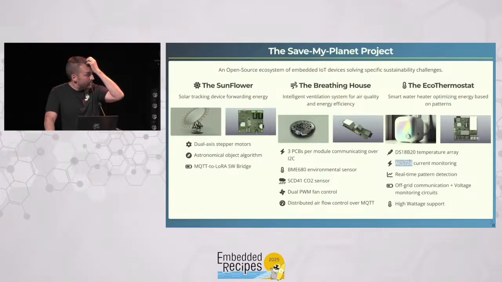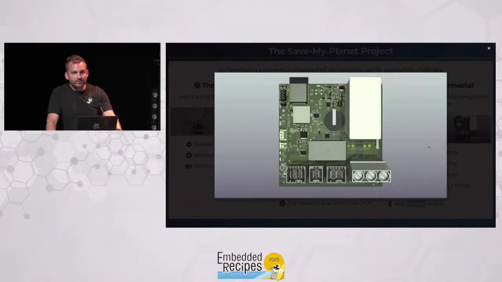For this, you have an ACS724 current monitoring sensor. You have off-grid communication, so that the device is still able to communicate even if it's removed from power. You have high wattage support, since we are supposed to handle almost 4,000 watts.